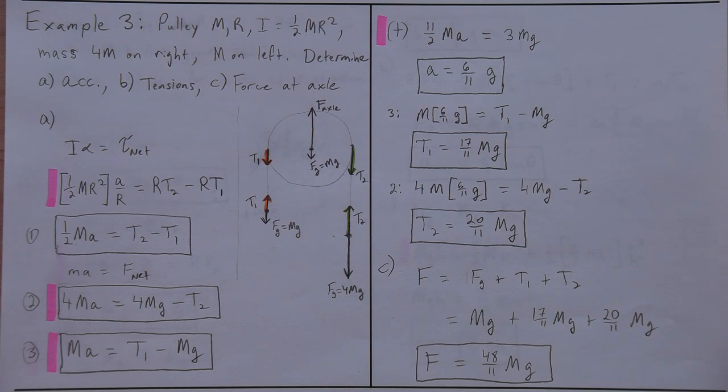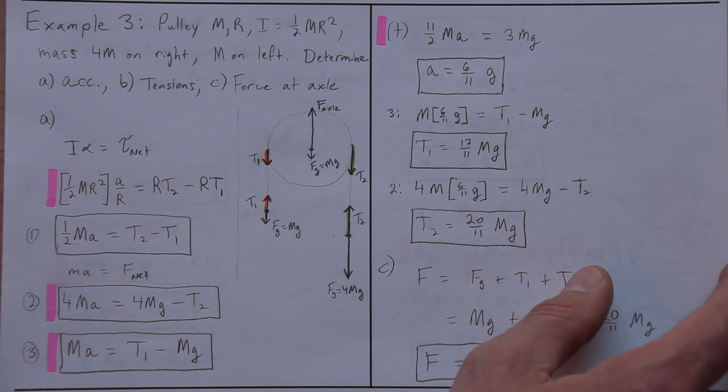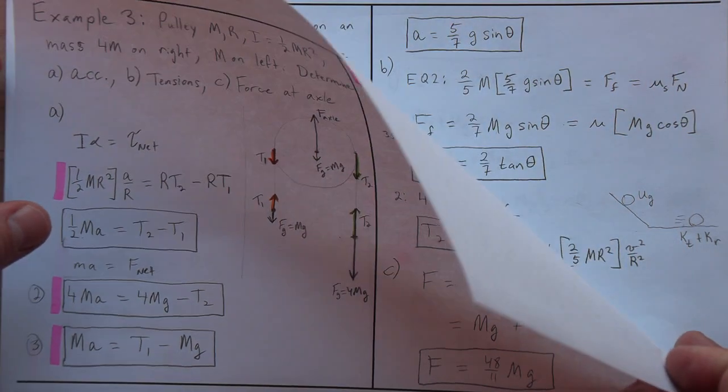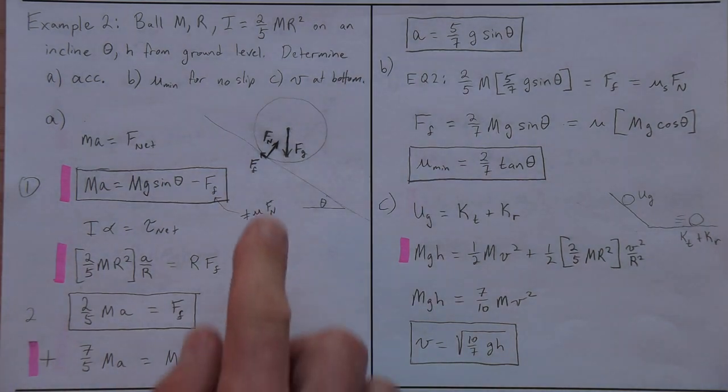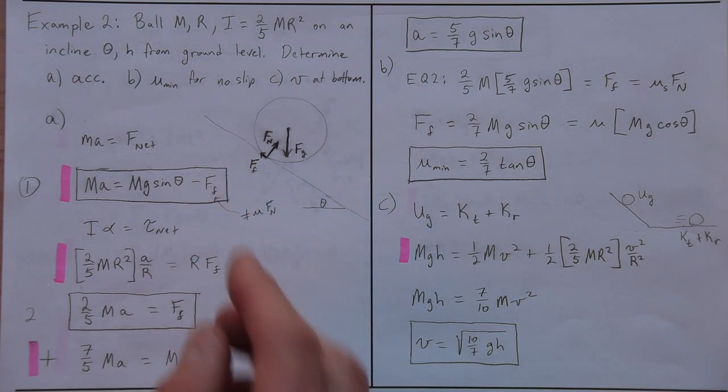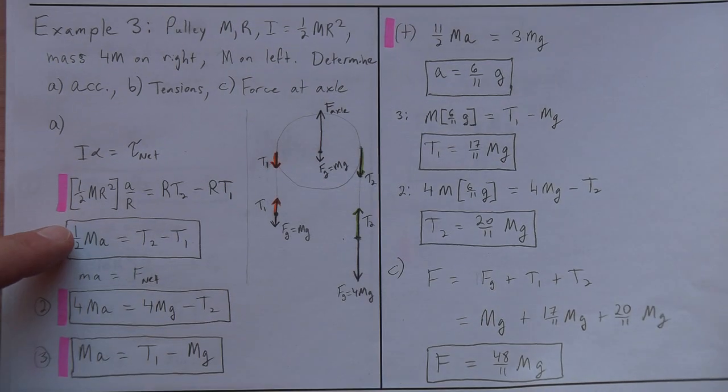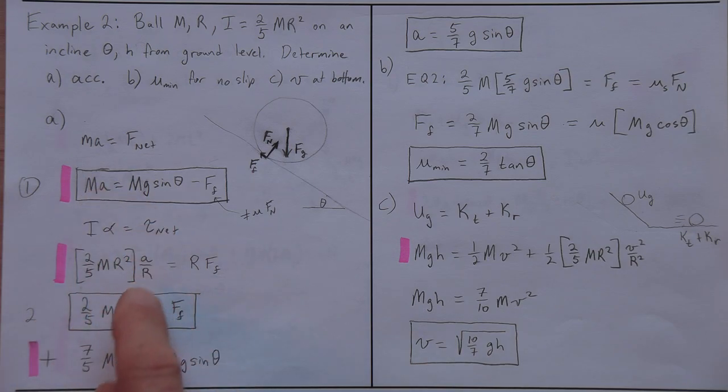Well, that's it for today's review video. So again, we did 3 examples, okay? A pulley problem, and kind of an Atwood's machine kind of problem, something rolling down a hill. Both of these involve making a system of equations, rotational and linear, 3 equations here. Here we had 2, one for linear, one for rotational, okay?